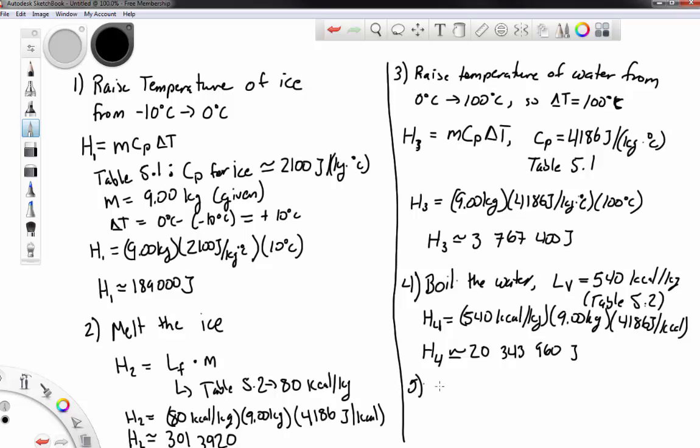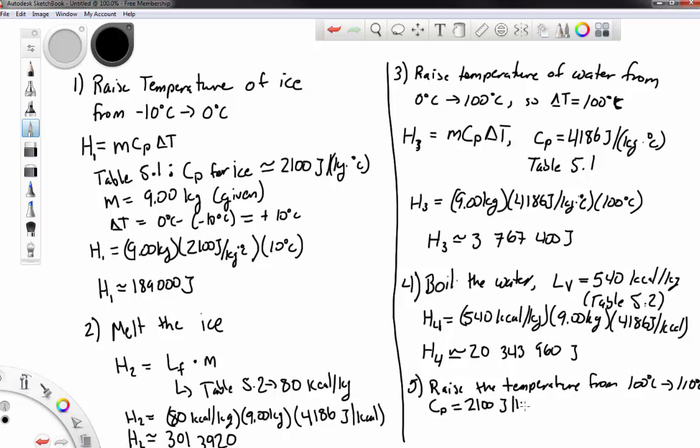Okay, step number 5 is raise the temperature from 100 degrees C to 110 degrees C. And that's steam, so specific heat capacity should be, and this is from table 5.1, about 2100. So actually about the same as with ice.